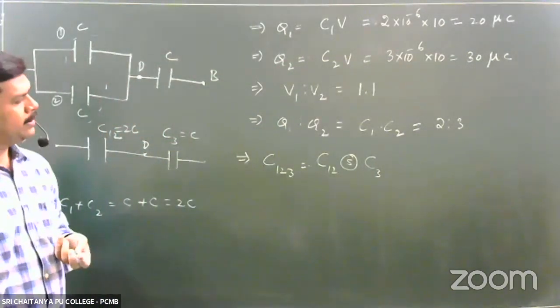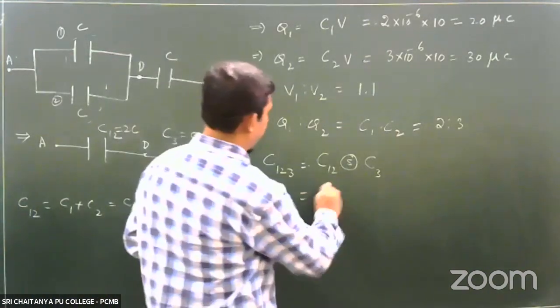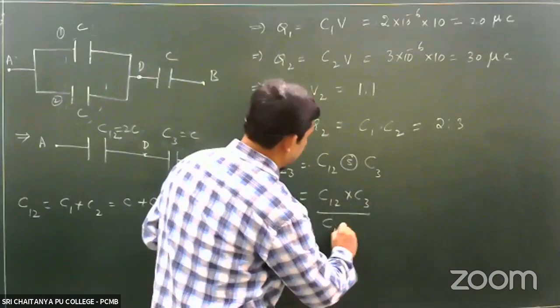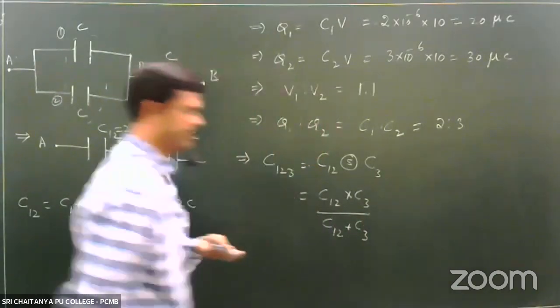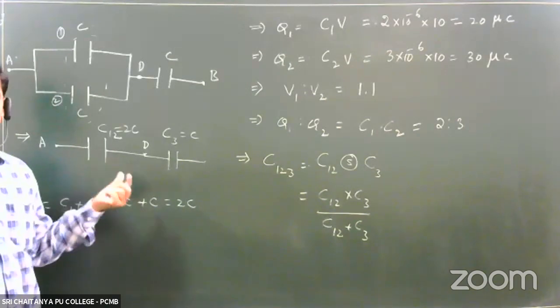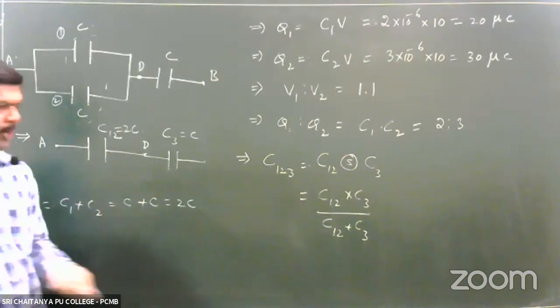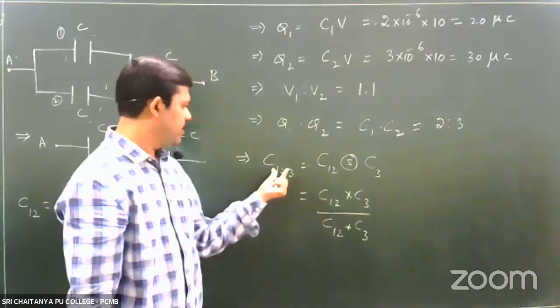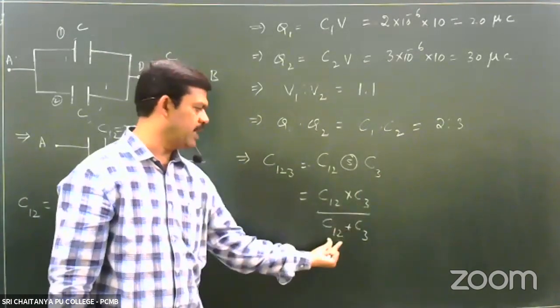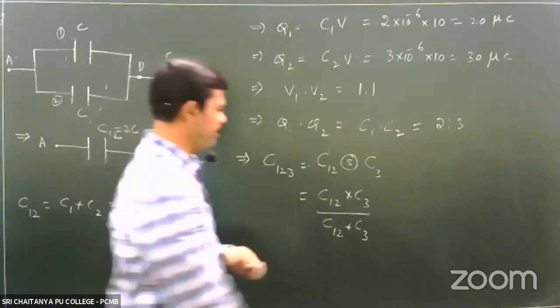Okay. So what is the formula you have? C12 into C3 by C12 plus C3. Yes or no? If two capacitors are in series, C1 C2 by C1 plus C2 is the formula. Yesterday we studied. So C12, C3 are in series. C12 into C3 by C12 plus C3.